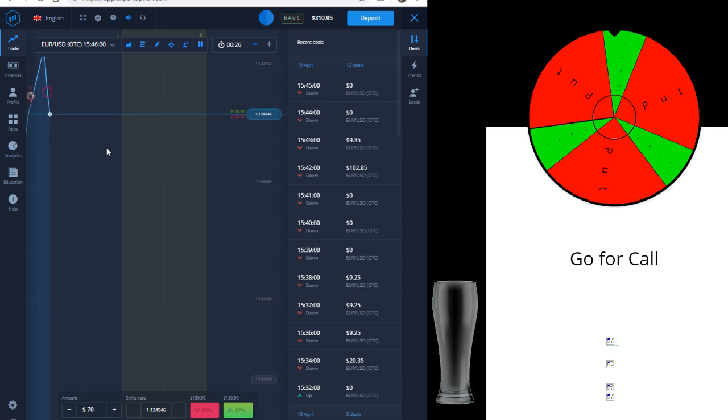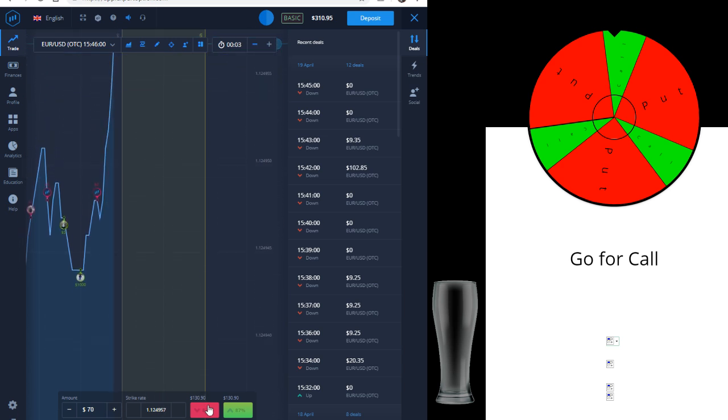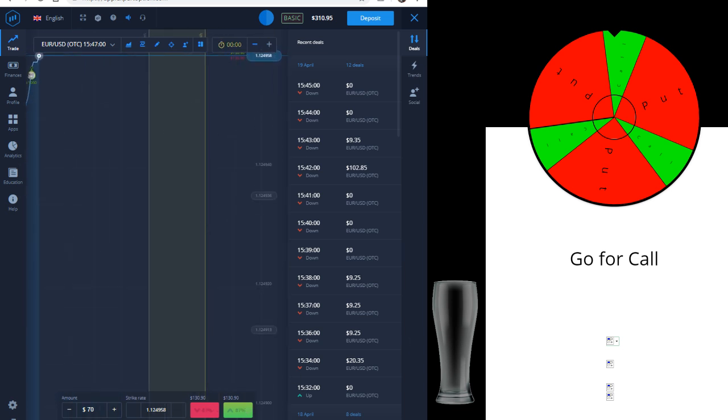Okay, so we have a result here, and what we have to do is double up on the amount. Okay, so we are at $12, so the next one is going to be 25. Okay, it's offline, online. Hit downwards. I'm waiting for this to stabilize.